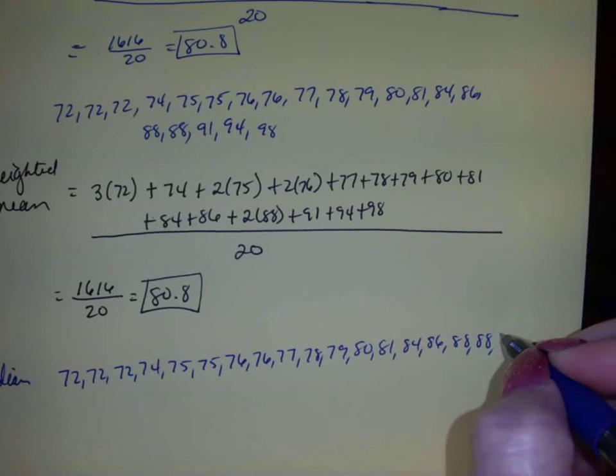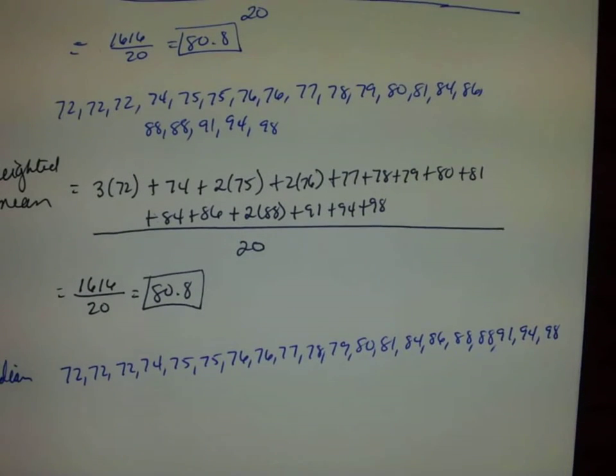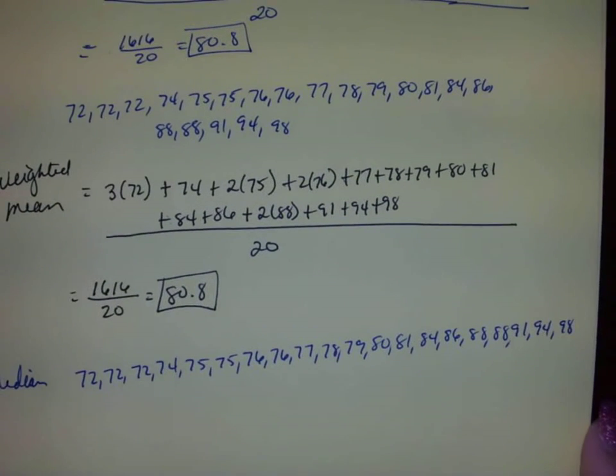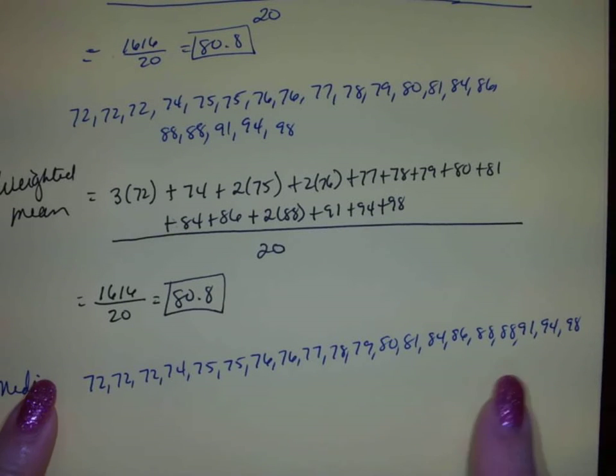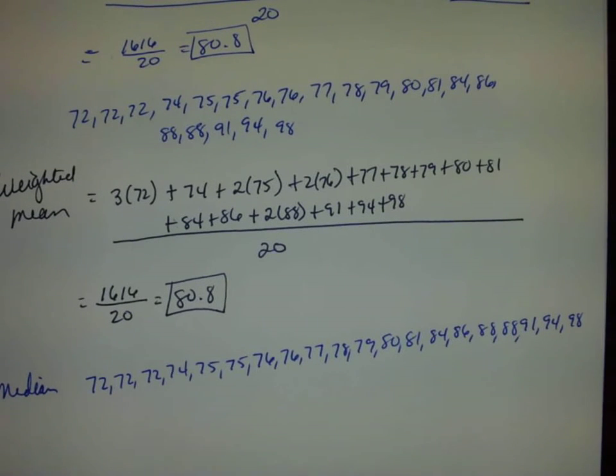Maybe we can fit them. All right, so they're kind of small, but I've got all of my numbers in a row. Sorry, I wrote at an angle just because of the way I had the paper.